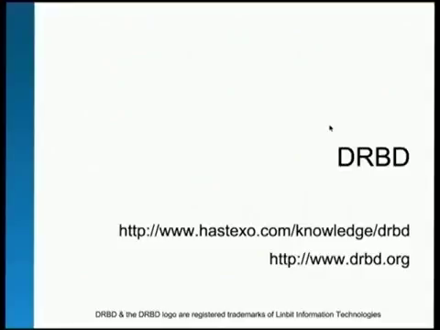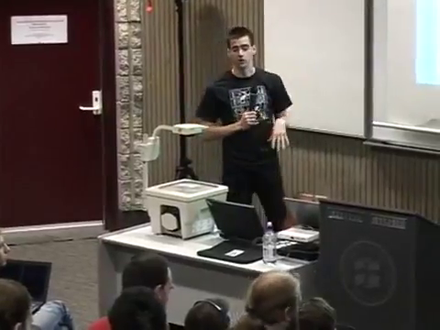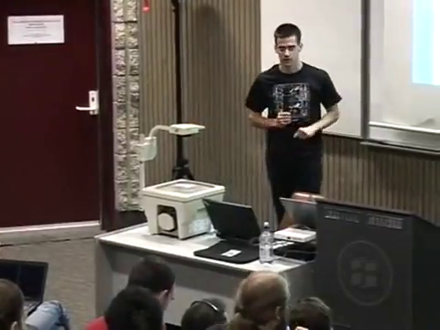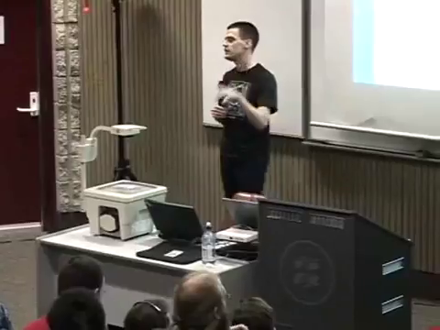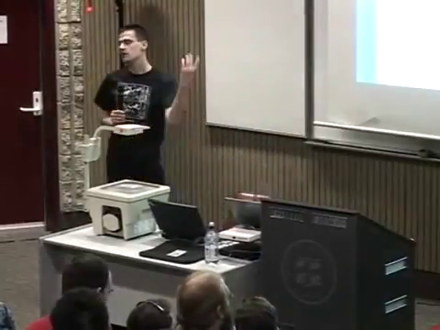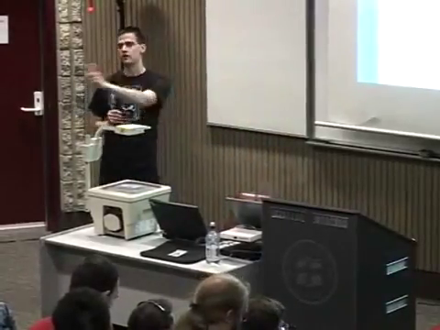So DRBD is a storage replication technology that allows us to replicate data at the block level. It's that simple. And we can use DRBD in any way, shape, or form that we normally would use any other block device. What's nice about DRBD is that all of the data that goes into it is being synchronously replicated over to another node.